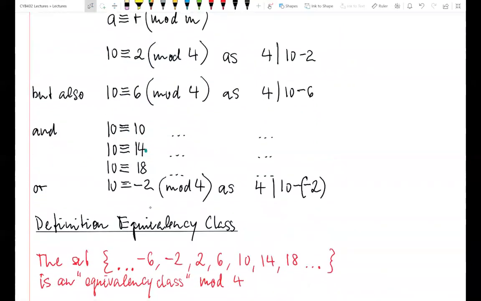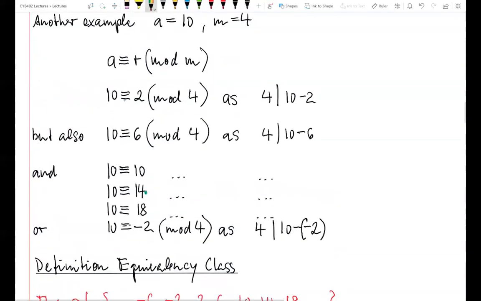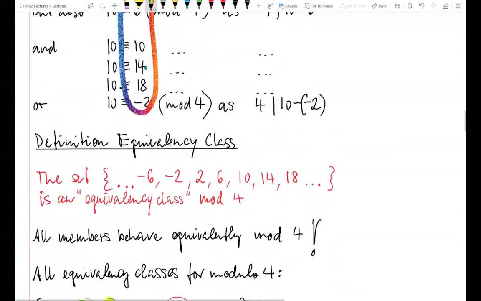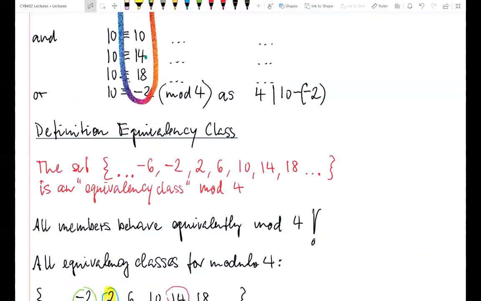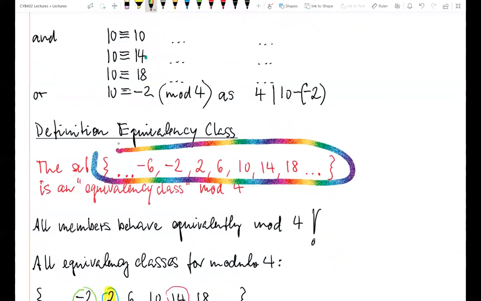And we can always say, even here for the -2, 4 divides 10 minus -2. So all of these numbers that A is congruent to form what we call an equivalency class.